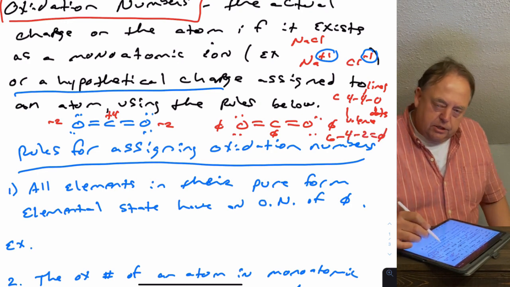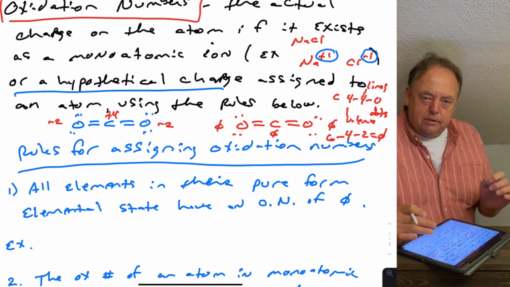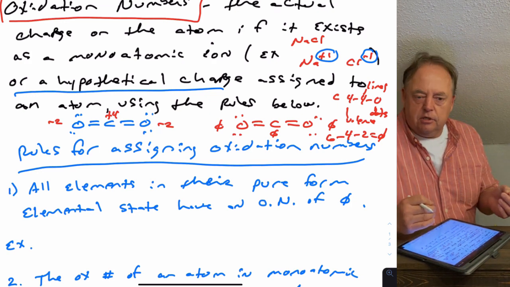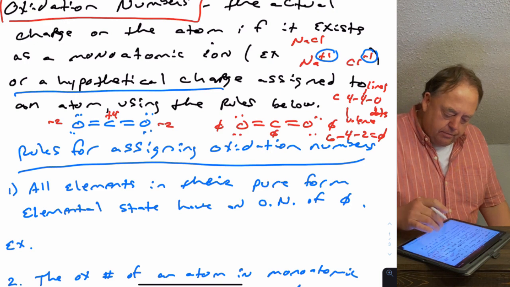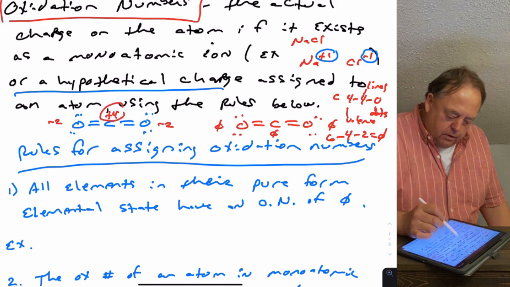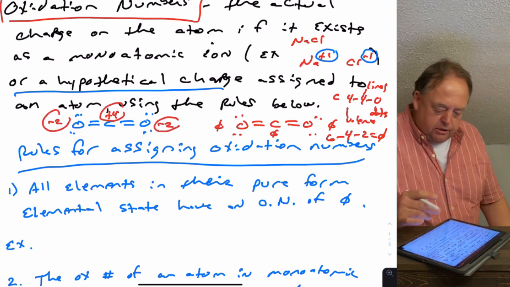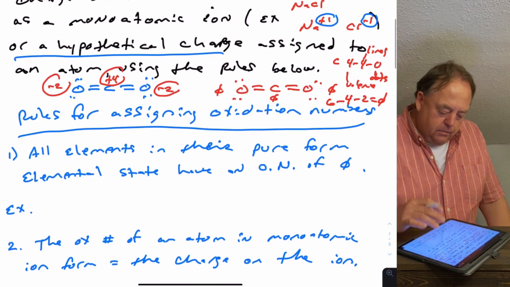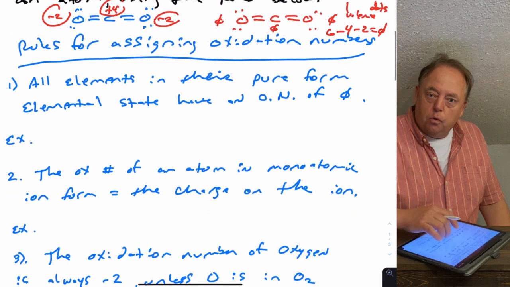So carbon and oxygen have no formal charge, but that is a different concept than oxidation number. The oxidation numbers are carbon +4, oxygen -2, oxygen -2, and that's based on these 6 rules.